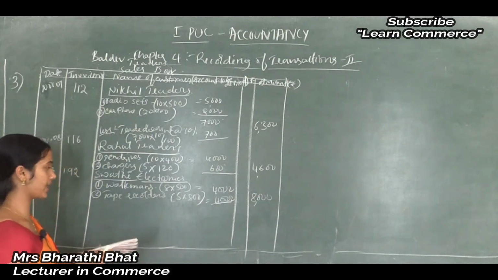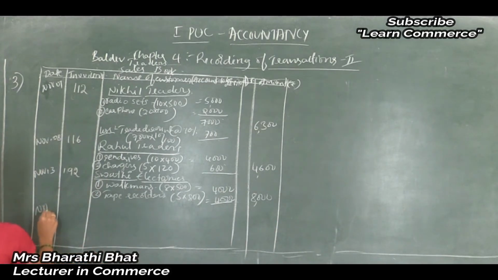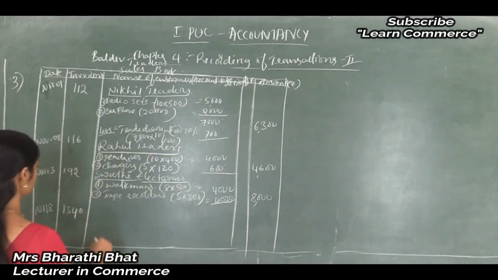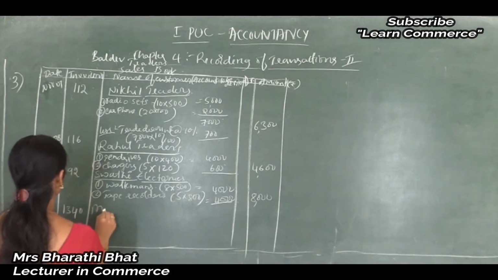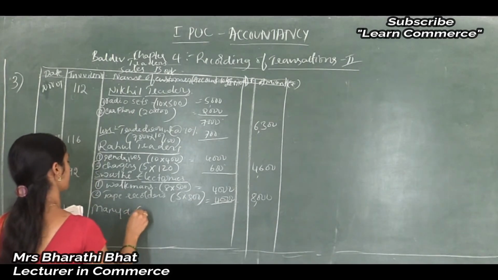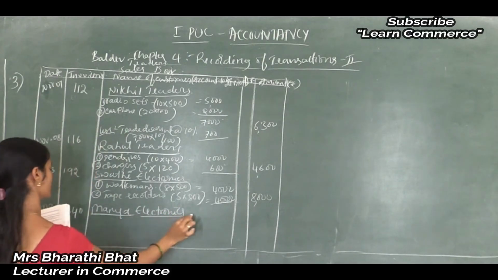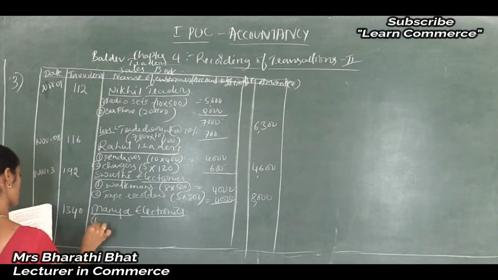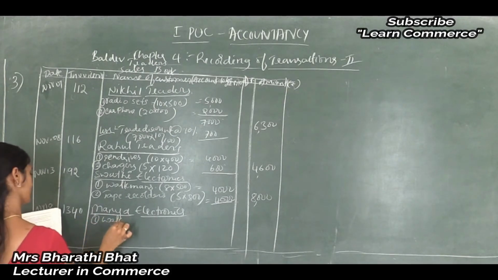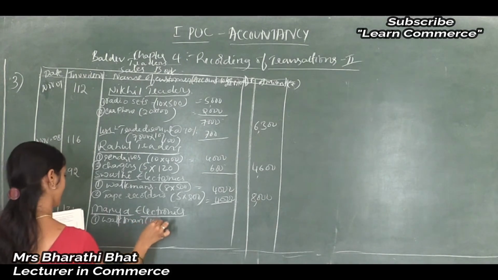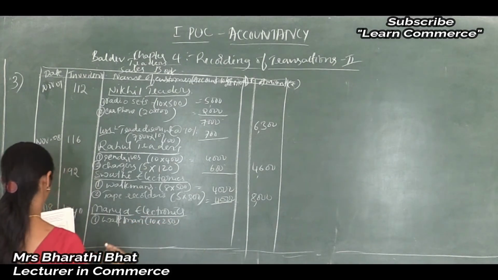And the last one, November 18, bill number S1340, sold to Manya Electronics. 2 items we sold. First one Walkman, 10 into 250.